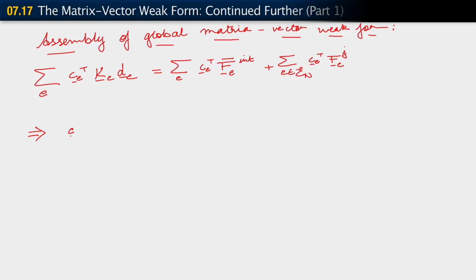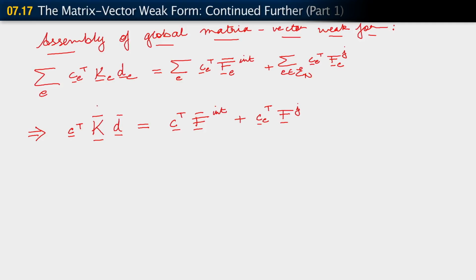I'm going to write this as C transpose K bar D bar equals C transpose F bar internal, okay, plus C_E transpose F_J, just F_J. Okay.